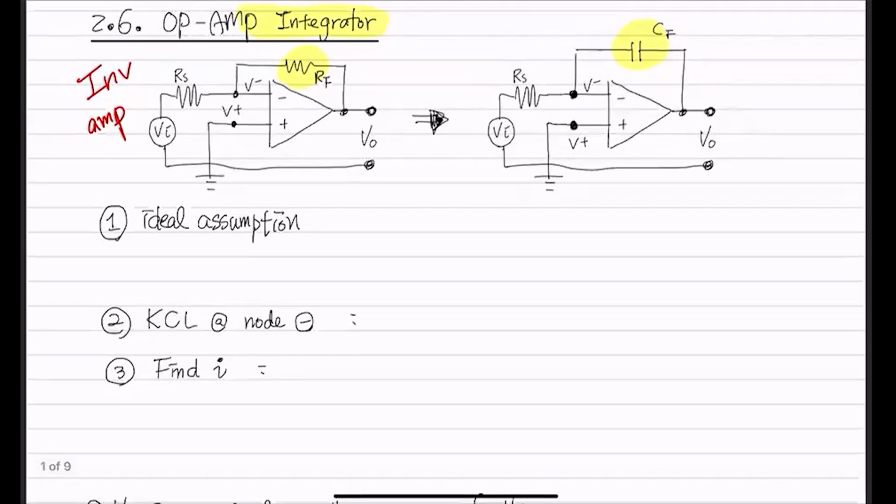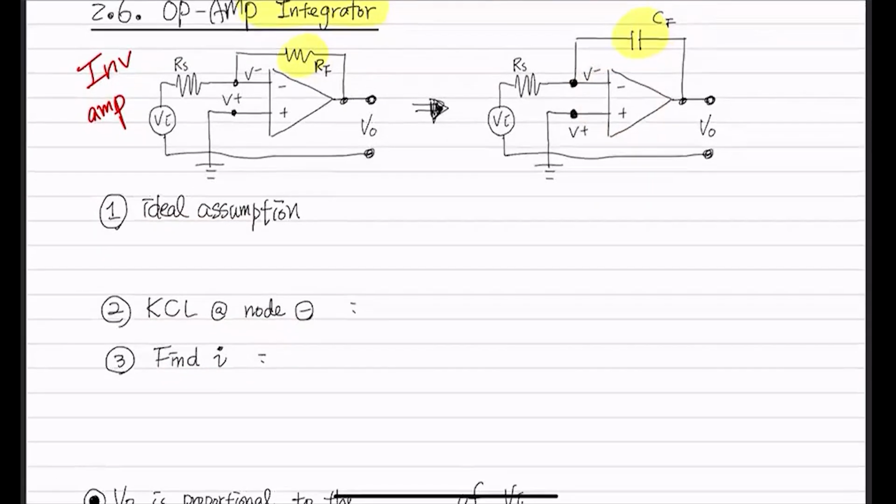And we're going to do this 3-step thing. Ideal assumption of the Opamp, and doing the KCL at the negative node, and finding all the currents. Can anybody tell me, do you happen to remember, what is the ideal assumption of the Opamps? It is the current that flows into this Opamp is going to be 0, okay?